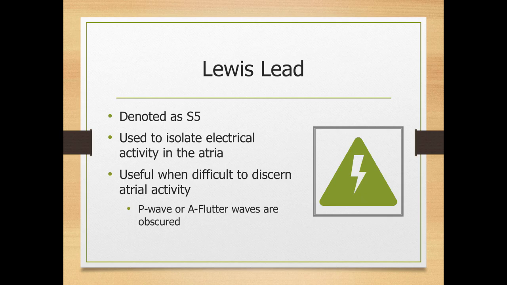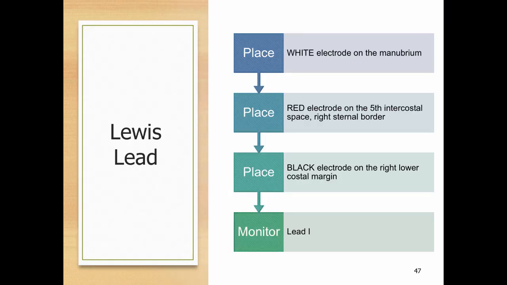So we're going to move our leads around to really focus in on just the atria. With the Lewis lead, we're going to take our normal 3 leads, our white, red, and black leads, and move all of them. Our white electrode is going to go on the manubrium. Our red electrode is going to go to the 5th intercostal space along the right sternal border.